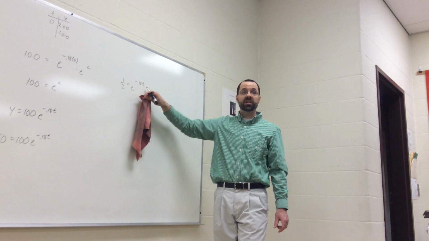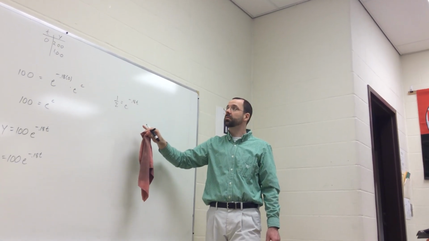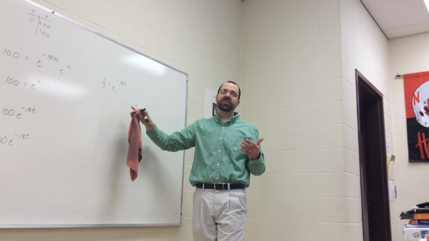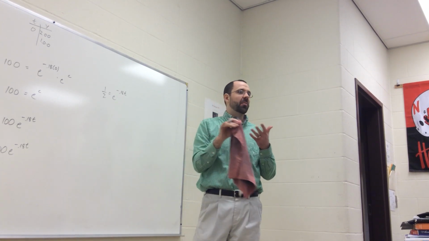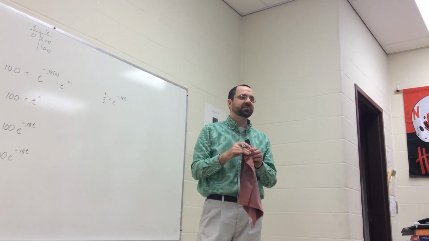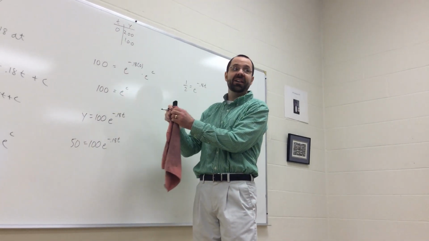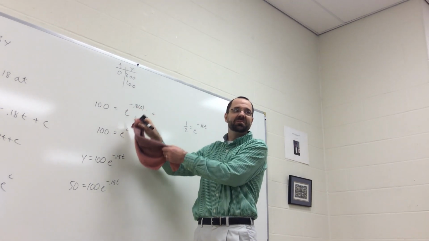So I got to figure out what t is. Your initial t is 0. Yes, so the point you make up does not matter, but you do want to make up the starting point, 0, comma, whatever. That will only work because this is only going to go away if it's e to the 0. Good.